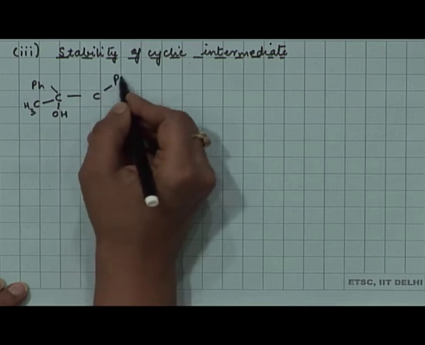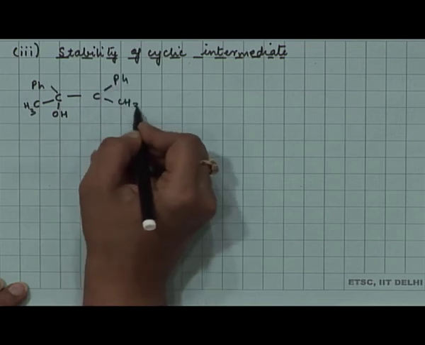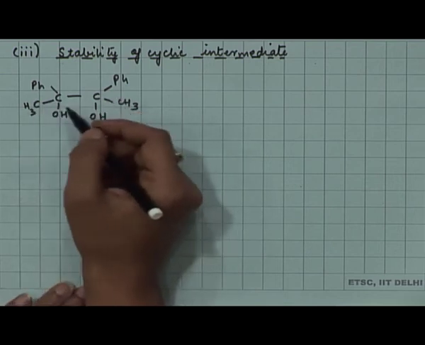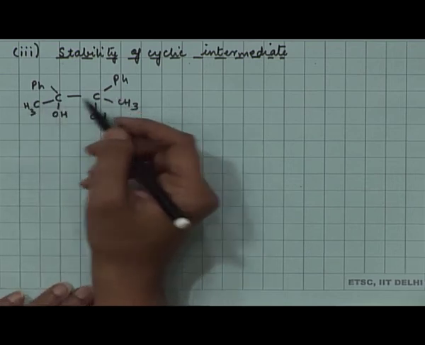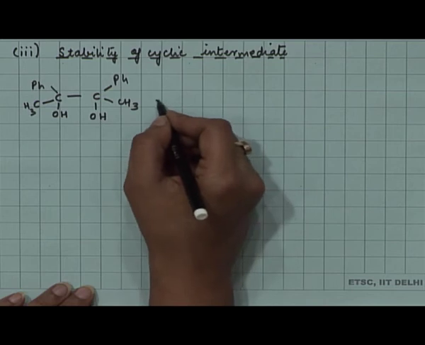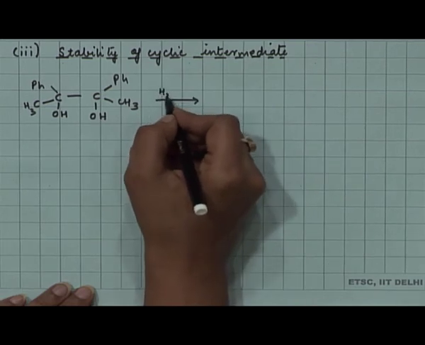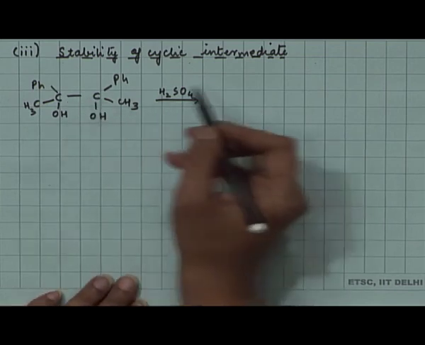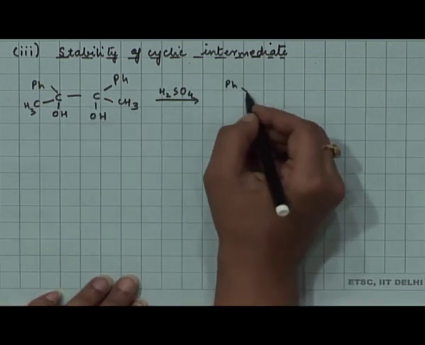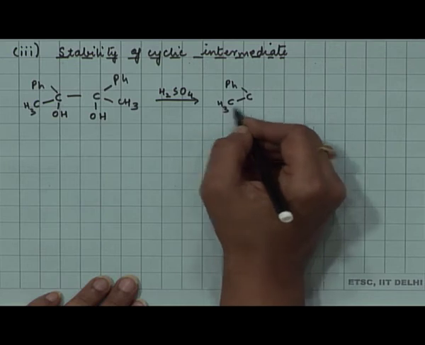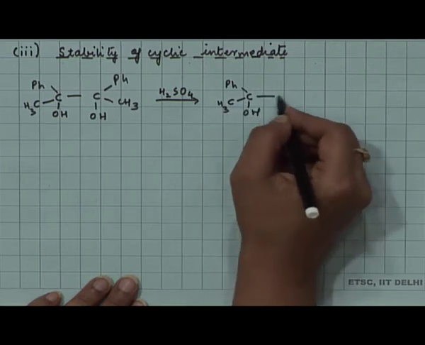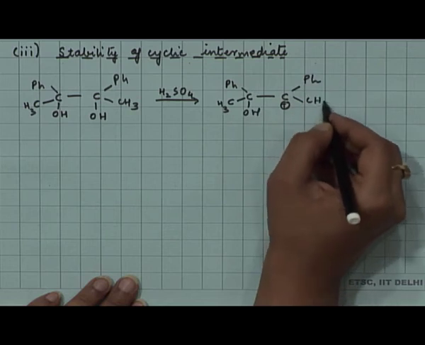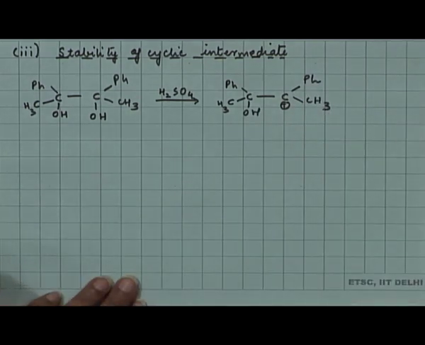So, for this Pinacol, in which both sides it can form a carbocation, there is no question of any difference between the two carbons. Either carbons if it forms, it is going to be identical carbocation. So, we are done away with that first thing.